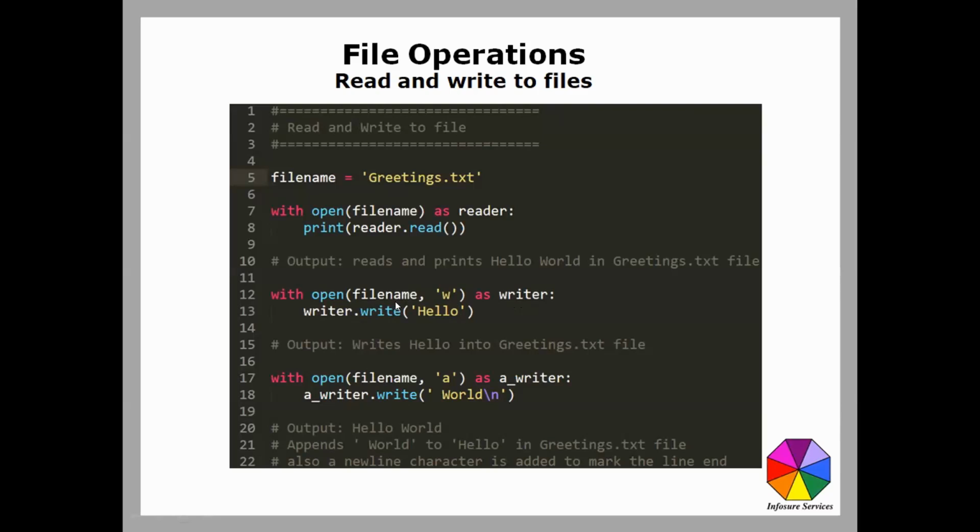So imagine the file doesn't exist inside the folder to start with. With open file name comma write mode, a new file called greetings.txt will be created in that folder, and when we say writer.write, this text hello will be written into that new file.